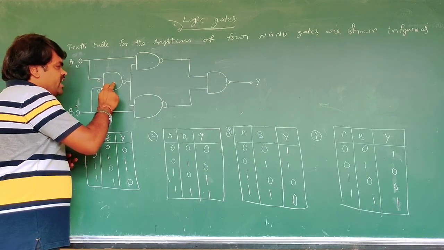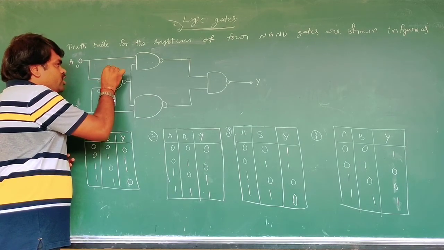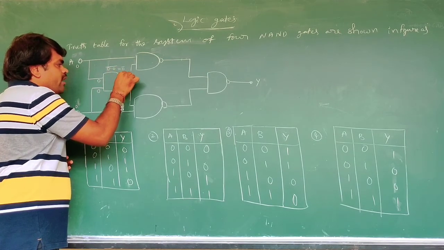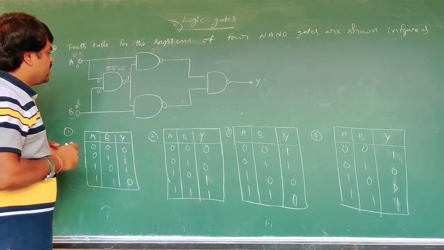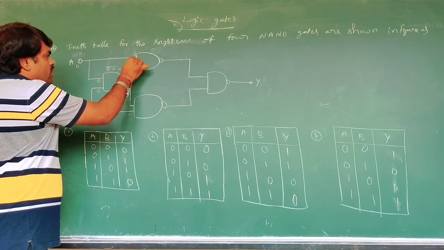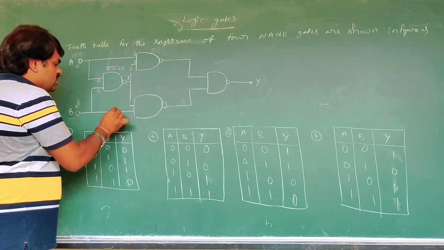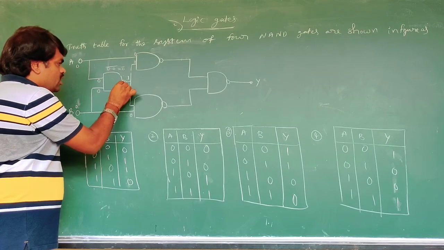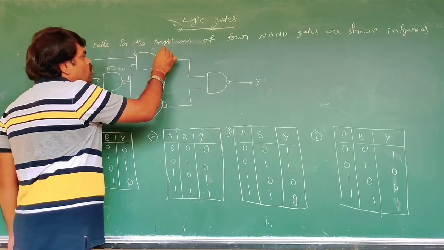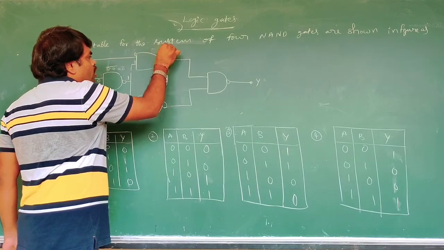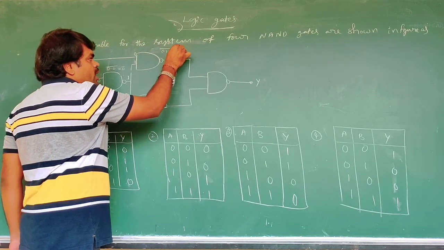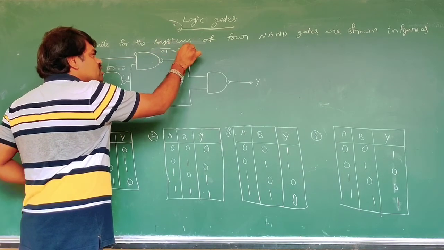It is an AND gate: 0 dot 0, whole bar, is 0 bar, which gives 1. Now here 0 and here 1: 0 bar dot 1, whole bar, because it is a NAND gate, that is 0 bar, and 0 bar is 1.